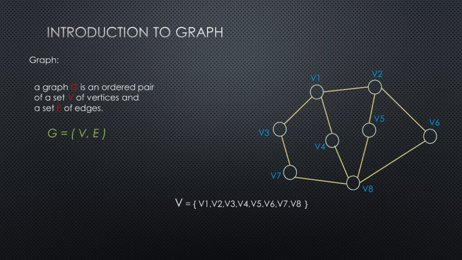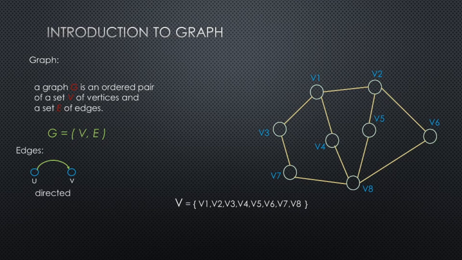Now, what's my set of edges? To answer this, we must first know how to represent an edge. An edge is easily identified by its 2 endpoints. So we can just write the names of the 2 endpoints of an edge as a pair, and then it can be a representation for the edge. But edges can be of 2 types.